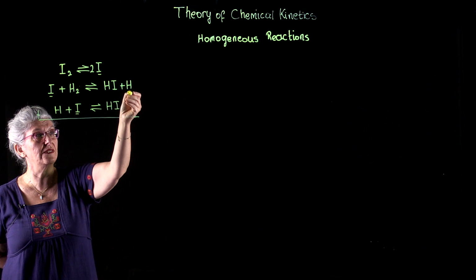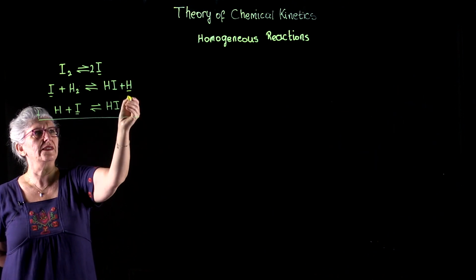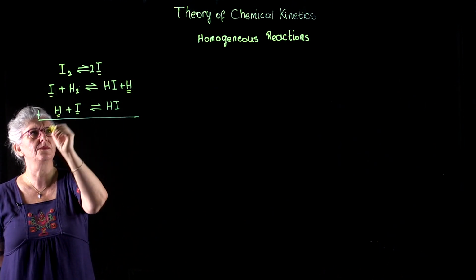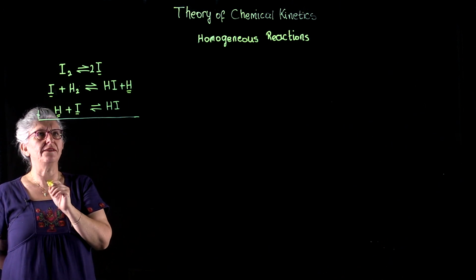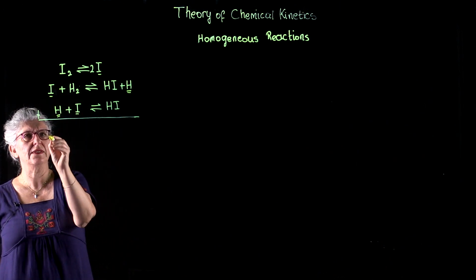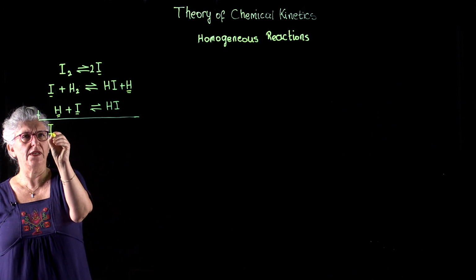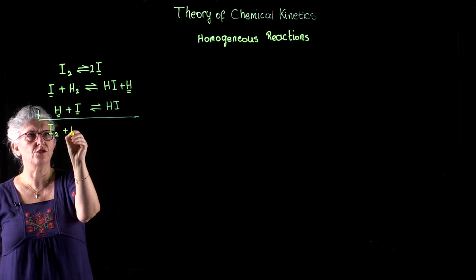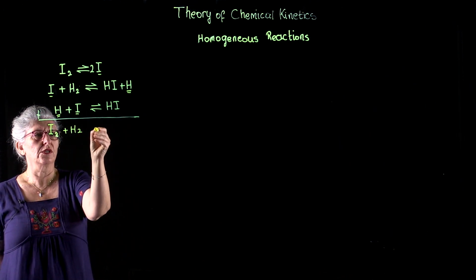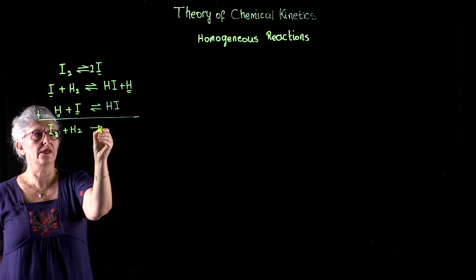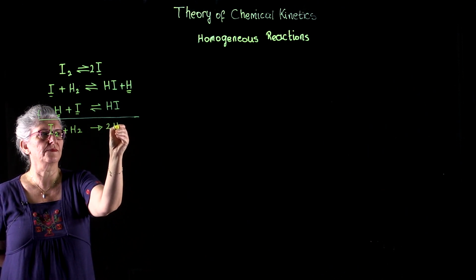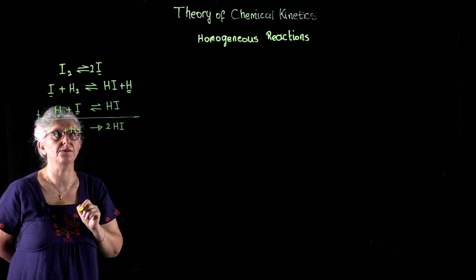We have one hydrogen atom formed. This cancels with this one. And when we sum up these, we obtain I2 plus H2 forming 2HI. This is the net reaction.